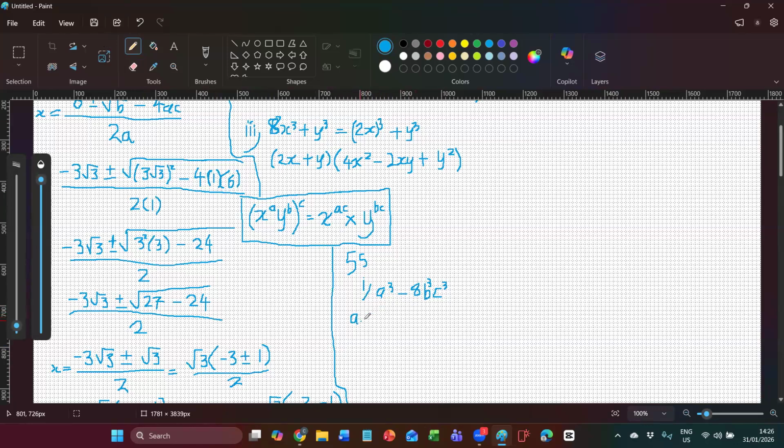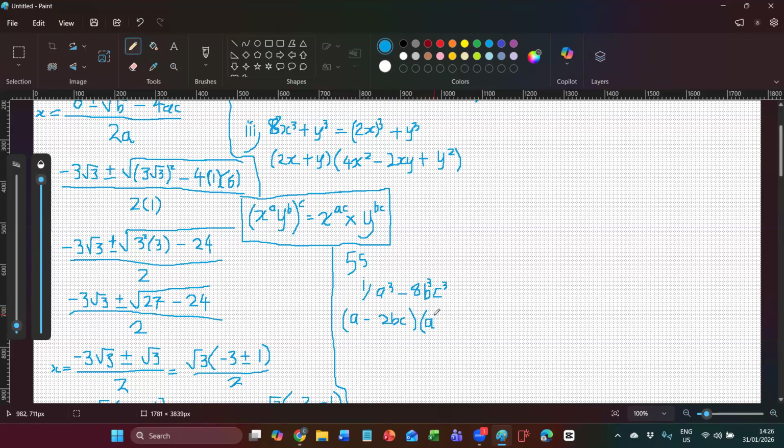So that would be a minus, 8 again is 2 cubed, so that would be 2bc. Then the next bracket is going to be them squared and then with a twist somewhere in the middle.